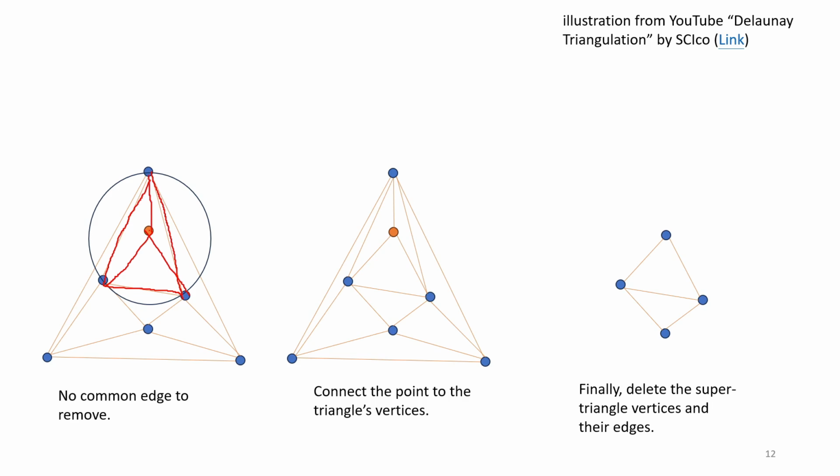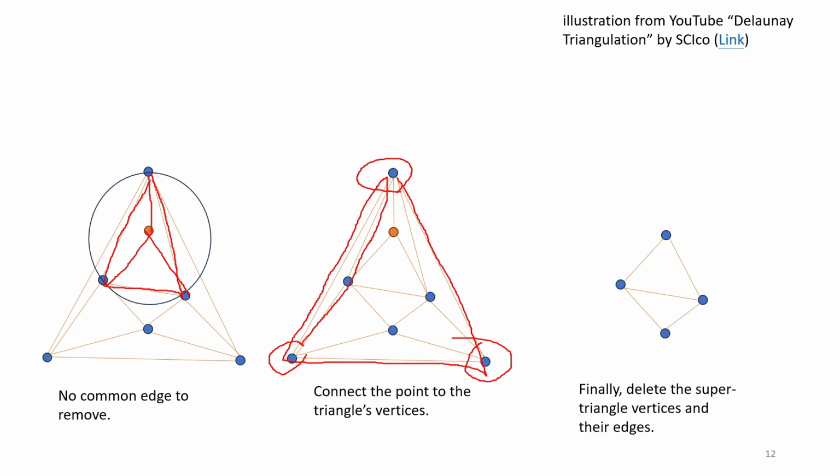Then we create this triangulation. And finally, we remove the virtual super triangle's 3 points and all connected edges. This one, this one, this one, and this one. Every edge connected to the super triangle. Therefore, after removing those edges, we will get the Delaunay triangulation. So this is an example of how to do it.